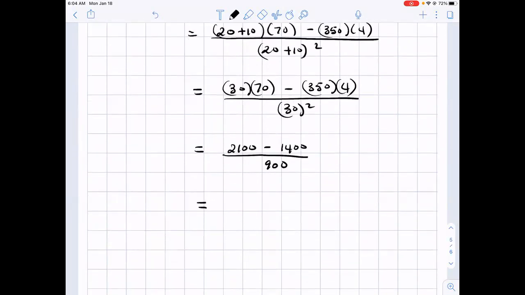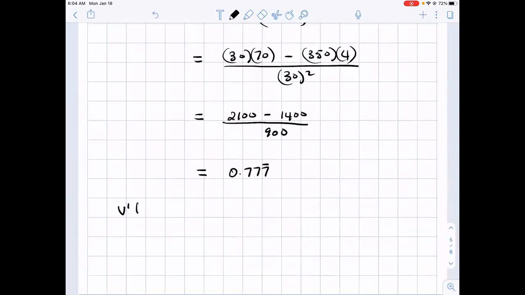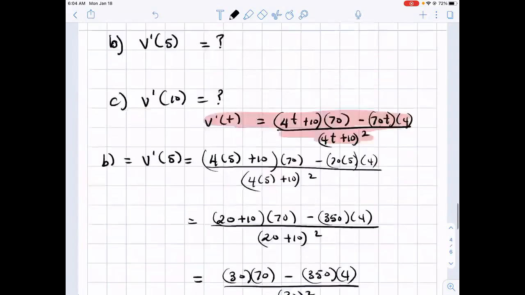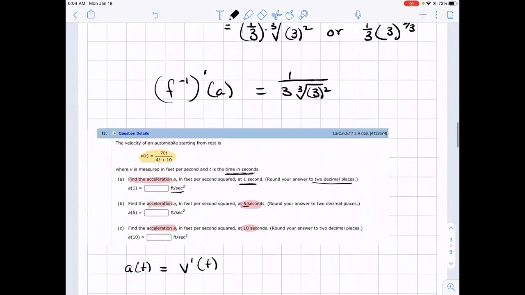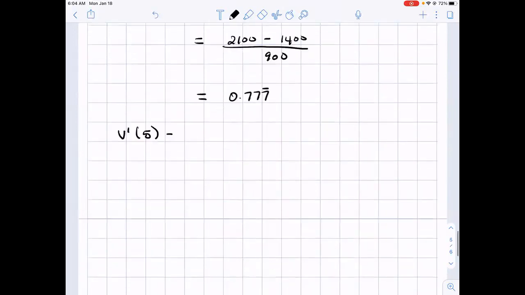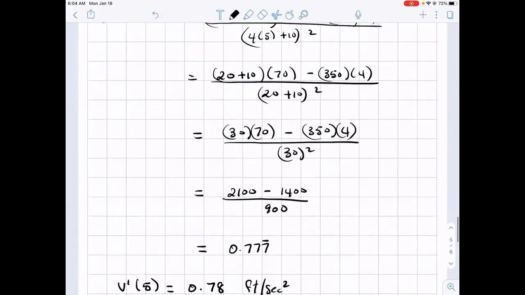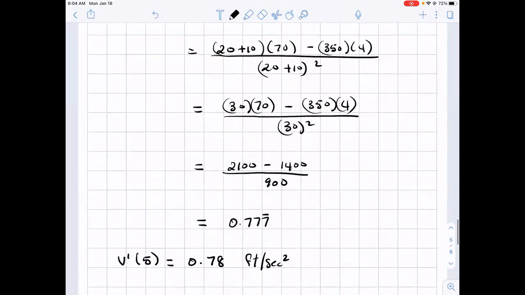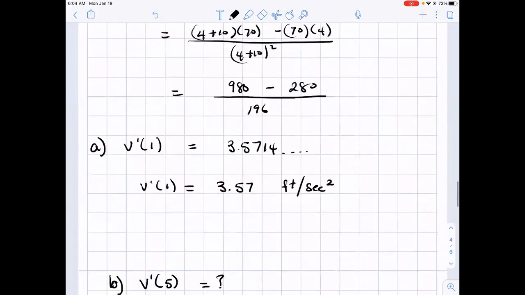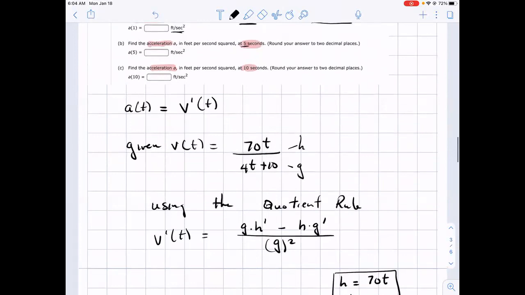And this will be approximately 0.777 continuing. So V prime of 5, rounded to two decimal places, as they were asking, will be 0.78 feet per second squared, and that is your answer.